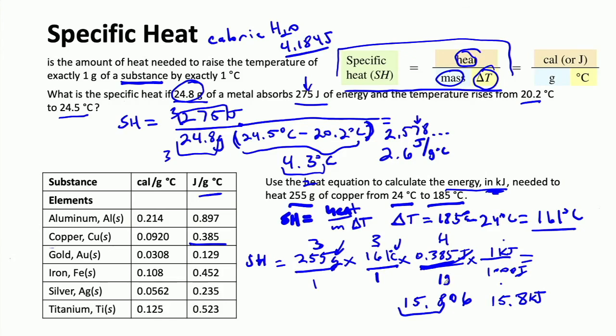So that should be 1 gram, 1 degree Celsius, right? So now the grams cancel out, and also the Celsius cancels out, leaving you with nothing left but the kilojoules. And that's how you get your answer to be 15.8 kilojoules.